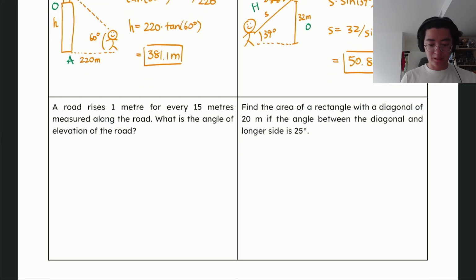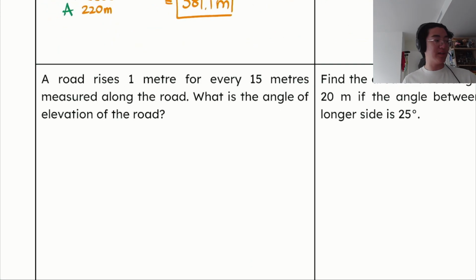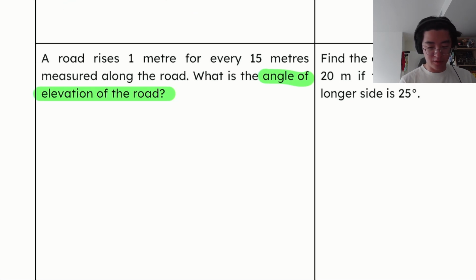Okay. The road rises 1 meter for every 15 meters along the road. What's the angle of elevation of the road? Okay, so now we're looking for angles this time. It's saying that for every 15 meters we go along the road, we go up by 1 meter.